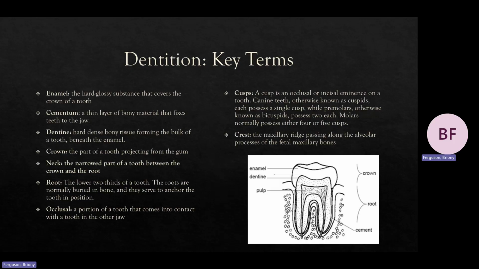And then the crest is the maxillary ridge that passes along the alveolar process of the fetal maxillary bones. Basically, it's that bumpy part on the top or roof of your mouth. If you feel it with your tongue, you'll feel where there's kind of a line. And that actually fuses as you get older.